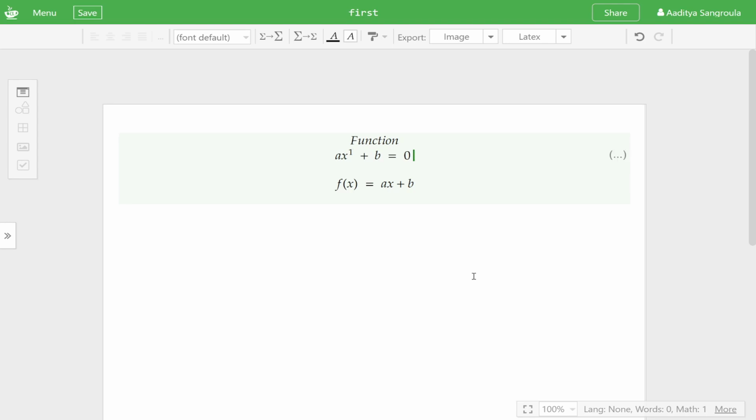So the degree is 1, and it's called a linear equation.